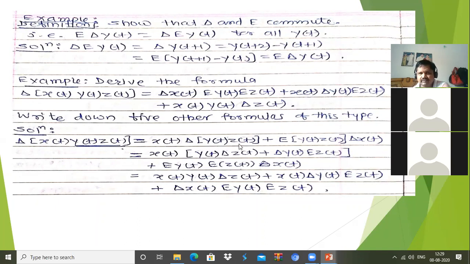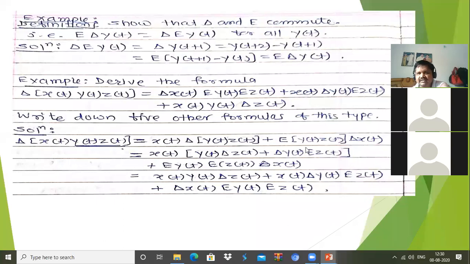In that case, what will happen? Zt as it is delta of yt plus Eyt delta zt आ जाएगा, right? So this will be changed there. In that case, zt into delta yt plus Eyt into delta zt. ये सिर्फ चेंज हो जाएगा और उसका एक फार्मूला अलग आ जाएगा.